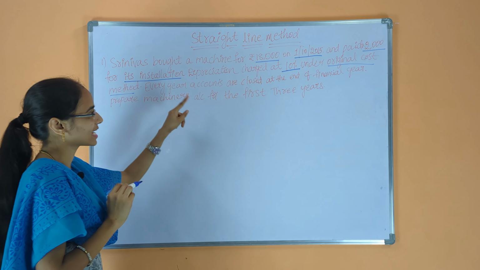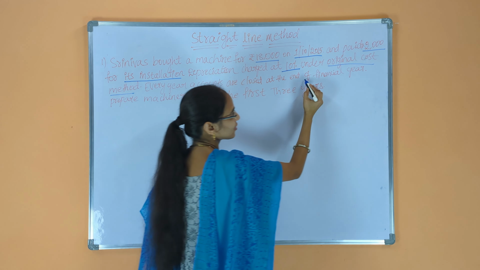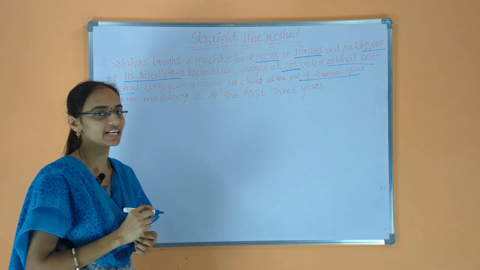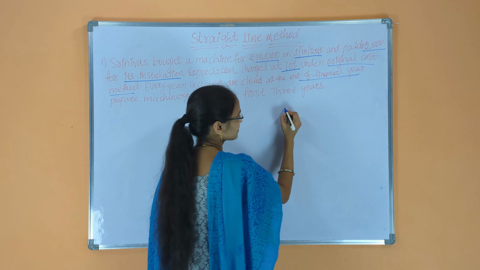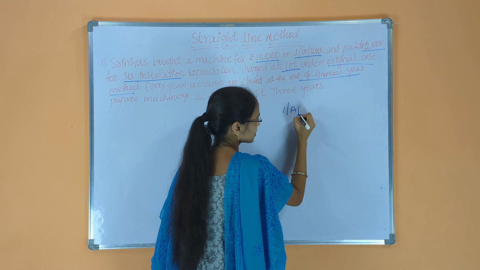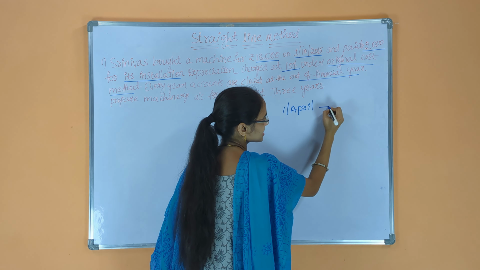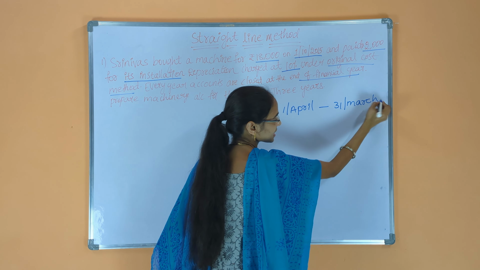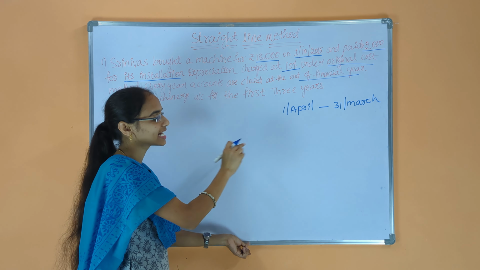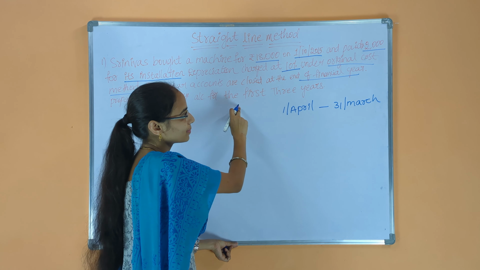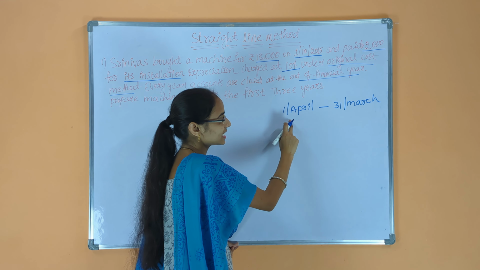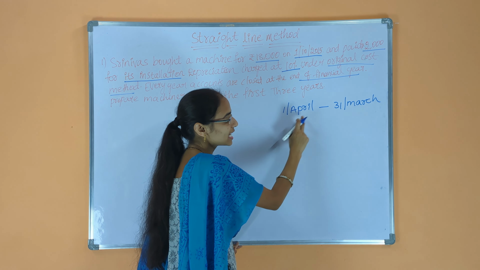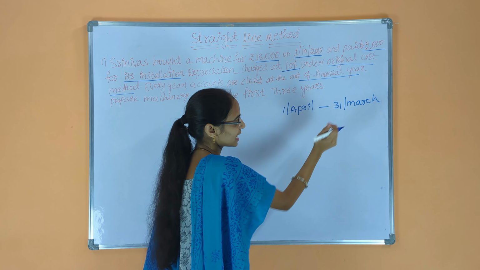Next, every year accounts are closed at the end of the financial year. What is the financial year? The financial year is from 1st April to 31st March. We do the problem under this financial year, which means accounts are opened on 1st April and closed on 31st March.